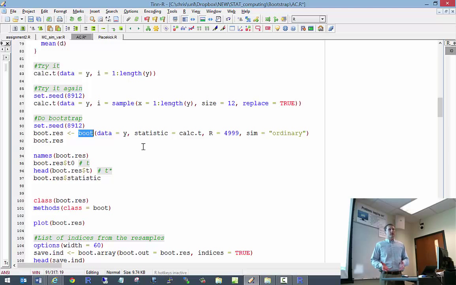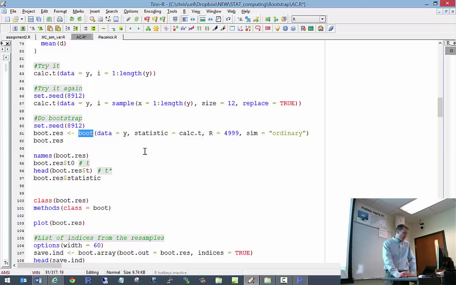So later in this bootstrap section, when we do the parametric, we will actually have an argument for parametric. I don't know why they just didn't call it non-parametric instead of ordinary, but that's what the authors used. Okay, now I'm going to put the results into boot.res, and what's returned is actually a list.